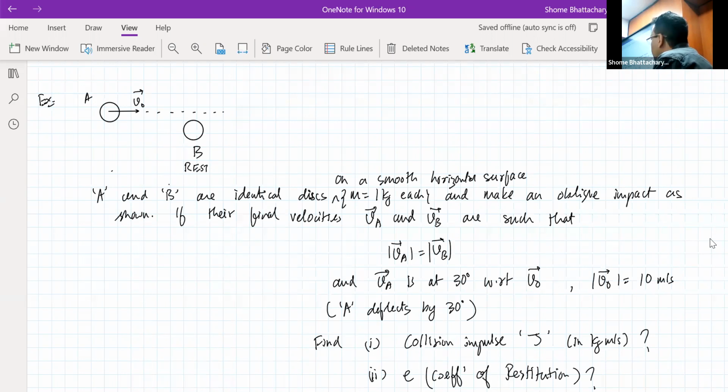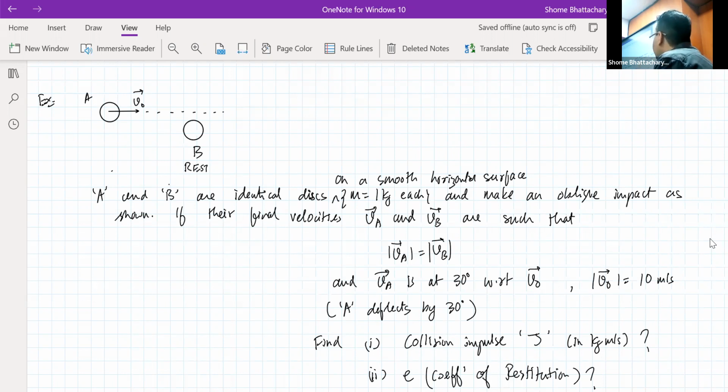Hopefully that will help us find not only the magnitudes of these velocities, but also the angle at which B goes away. Once we know both the angles, we can calculate the separation velocity. Then we'll compare that with the initial picture before impact and calculate the approach velocity also. From that we'll calculate the coefficient of restitution. That's how this question is going.